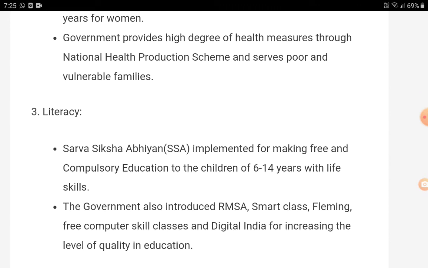SSA means Sarva Shiksha Abhiyan, implemented for making free and compulsory education to the children of 6 to 14 years with life skills. The government also introduced RMSA, Smart Class, free computer skill classes and Digital India for increasing the level of quality in education.